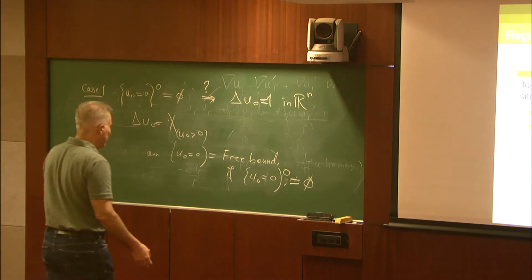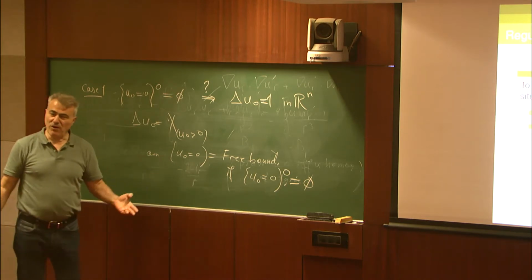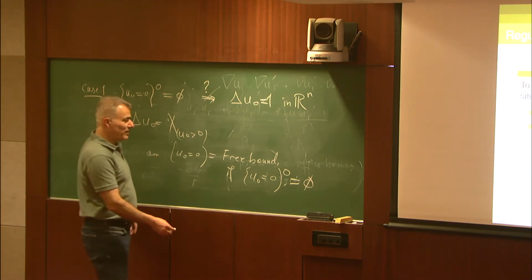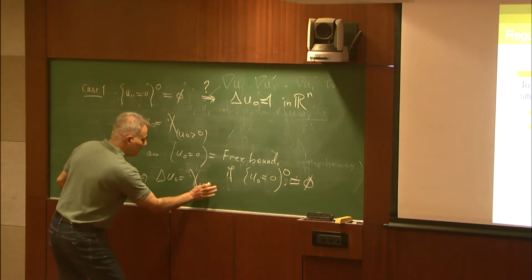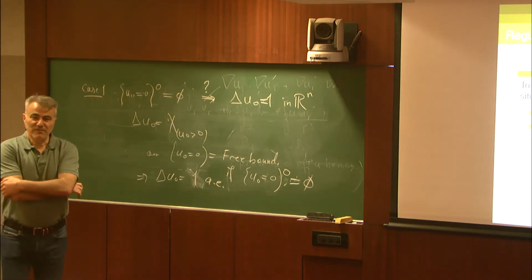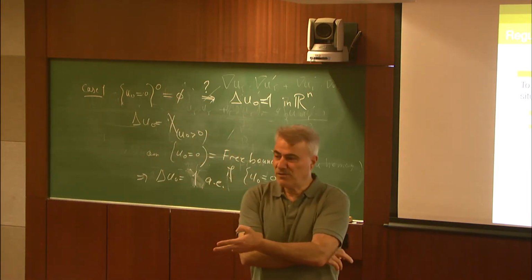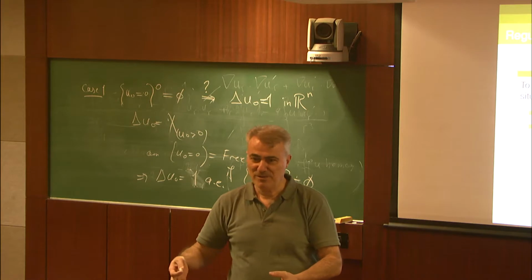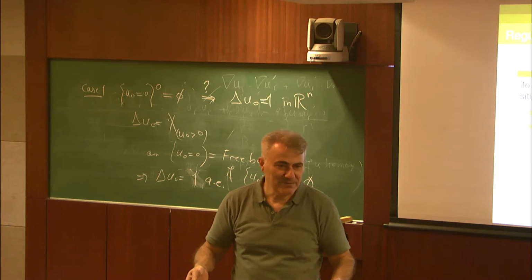So what I get is that this set is the free boundary, but then this set has zero volume, so the measure is zero. This means that Laplacian of U0 is the characteristic function of the set, equal to one almost everywhere. If Laplacian of U is one almost everywhere, and W2P functions don't feel what is outside almost everywhere, we can just say it's one everywhere. Okay? We can redefine it.